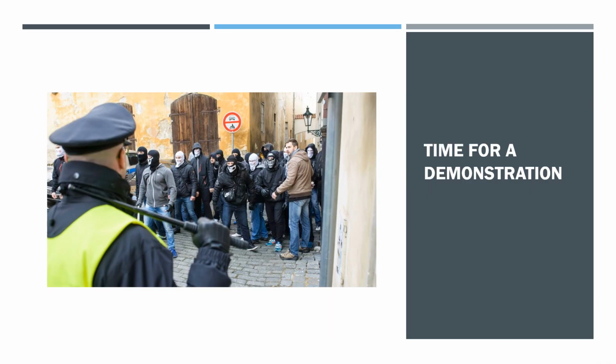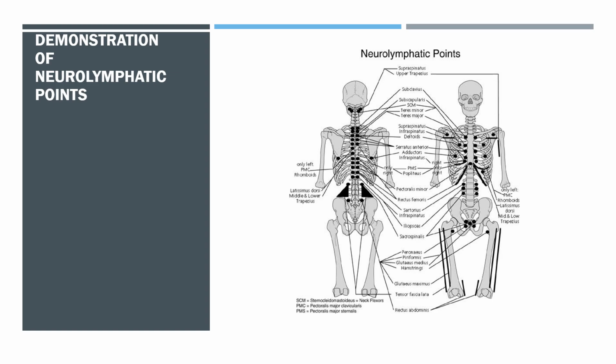Okay, so in terms of the demonstration, let's take a look here. In terms of demonstration, there's something called neurolymphatic points. It's a little hard to see, but these were found by Dr. Chapman.